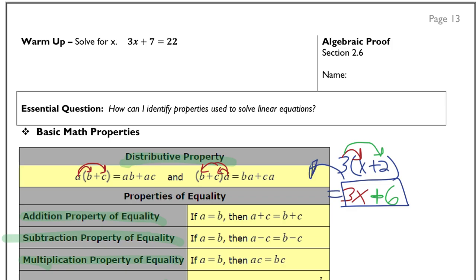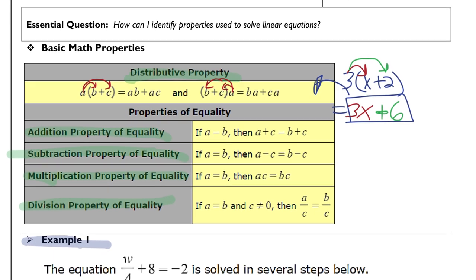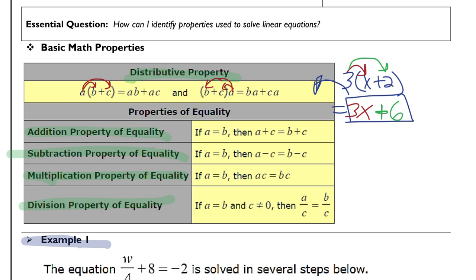Okay, so a few other key ones. I'm not going to give an example for all of these. First is the addition property of equality. It's just saying we're going to be working with equations and then doing stuff to both sides. So if I have two equal things, I could add a number to both sides. If I have equal things, I could subtract the same number to both sides.